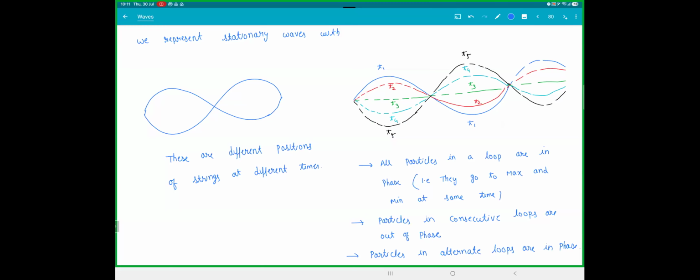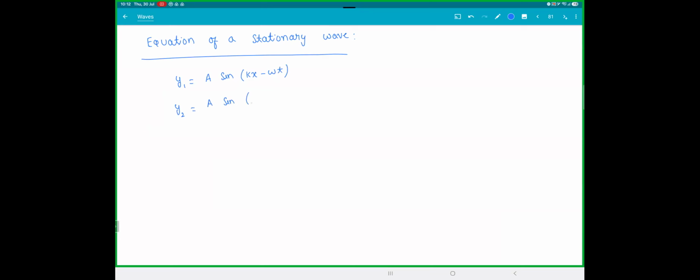So how do we write the equation of a stationary wave? Now let's do it mathematically. Remember what we said? Two waves of the same amplitude and same frequency, but coming in opposite directions. So y1 is equal to a sin(kx - ωt). y2 is the same amplitude, same frequency, but opposite direction, so a sin(kx + ωt).